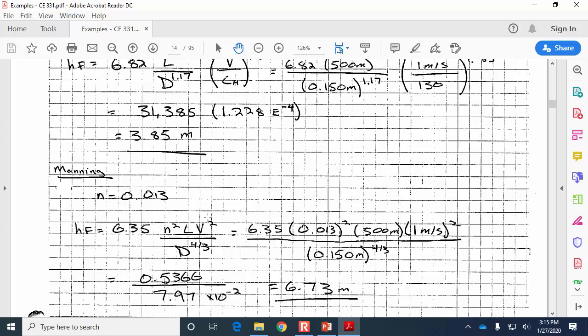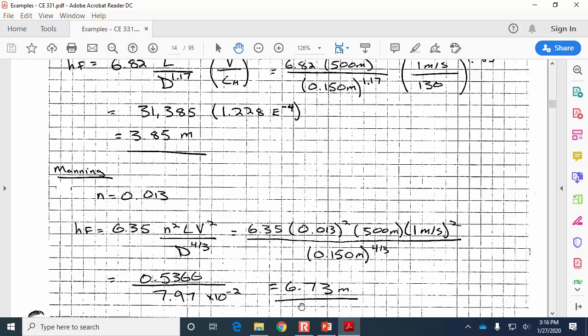And so the first 2 methods really don't agree very tightly. Of the 2, I would always say that the Hazen-Williams equation is going to do better for pipe flow than Manning's equation. Manning's equation, its specialty is open channel flow, where there's some part of the water that's not in contact with a wetted perimeter.